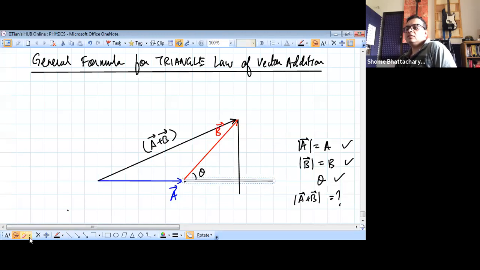This is not some other vector, it's just a guideline. Suppose we do this over here. And now in this, we denote this side as X and this side as Y. These are perpendicular.